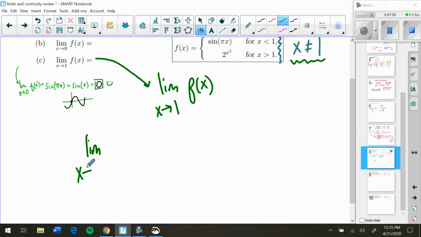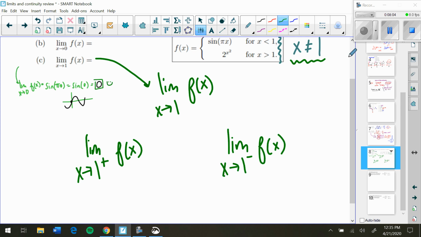The limit as x approaches 1 from the positive side, and the limit as x approaches 1 from the negative side. So if we're looking at the positive side, that means for x greater than 1, so in this, we're going to use the sine of pi times x.